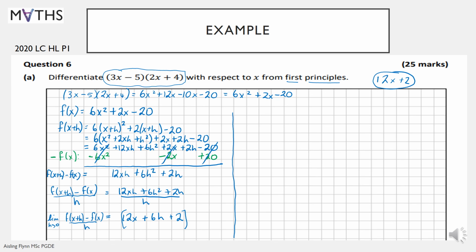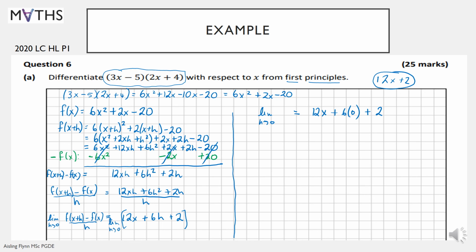I should put in the limit there as h goes to 0, and the limit as h goes to 0 of the whole lot will be 12x plus 6, well, h becomes 0, so we replace h with 0, plus 2. So you follow your method for getting limits.